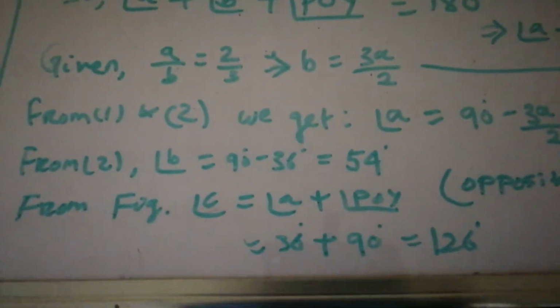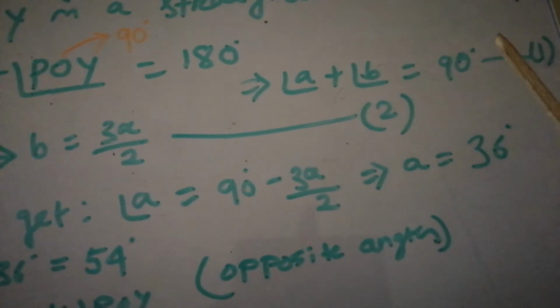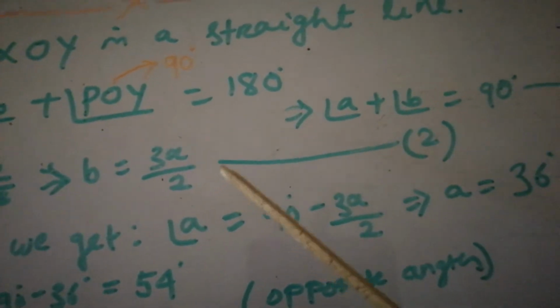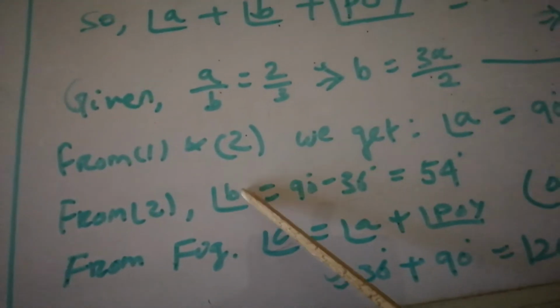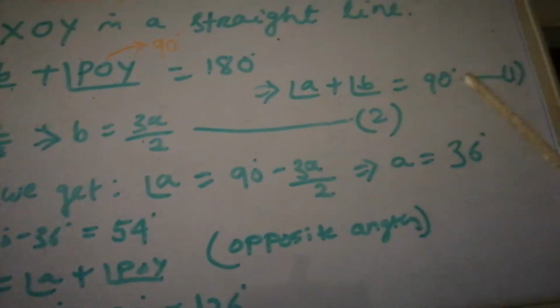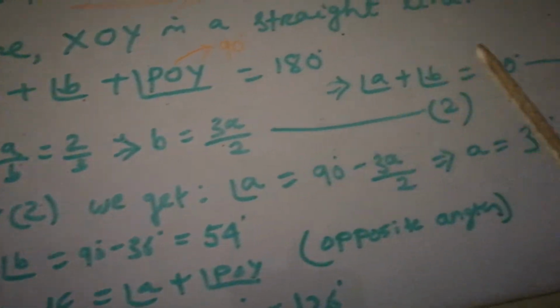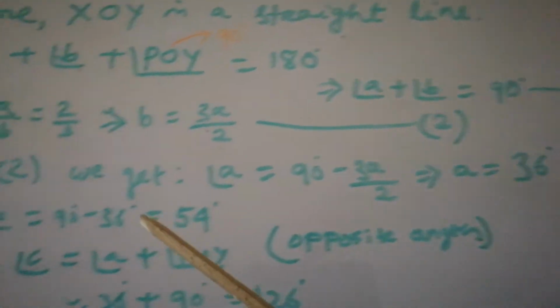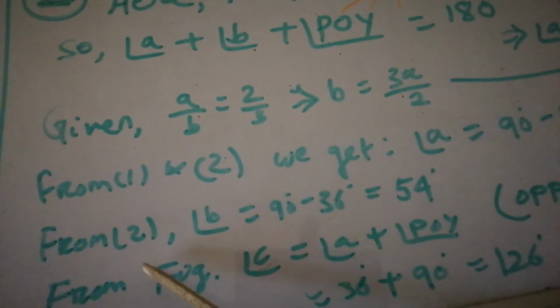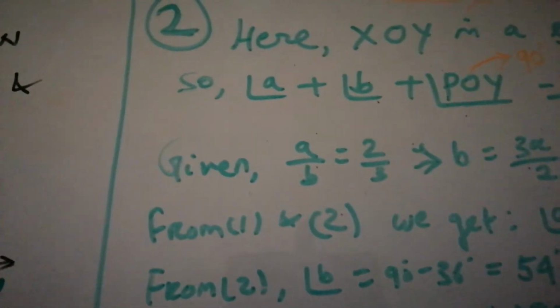From equation 2, we know that B equals 3A/2. Just a moment, I should write here from equation 1. This must be equation 1. Just a minute.